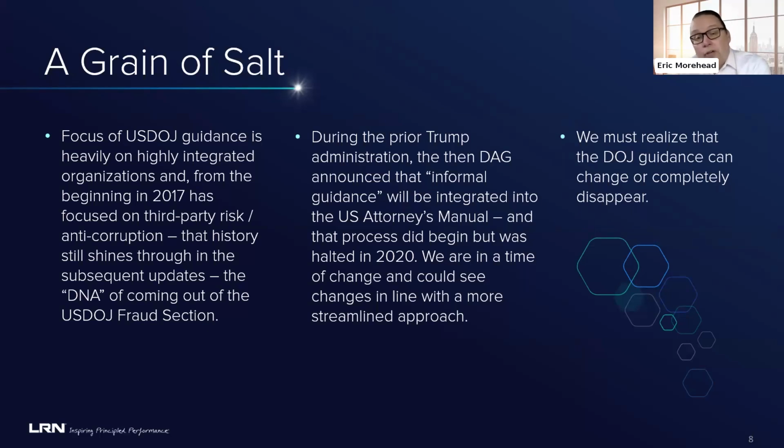A lot of, at least the initial memoranda, and still to this day, really focuses on the cases that the fraud section was most familiar with, which were FCPA or anti-corruption cases. And so there's a lot of talk about third-party due diligence, which makes sense for organizations, even outside the anti-corruption context. So I don't want to poo-poo that completely, but just understand that that is the focus of the memoranda, at least initially.